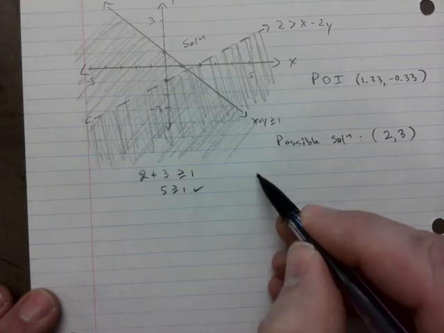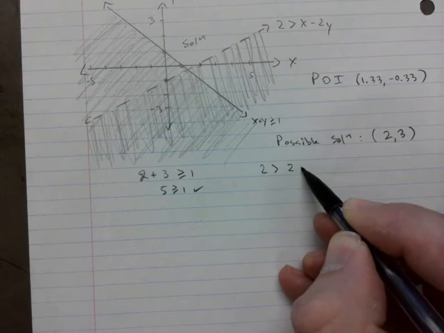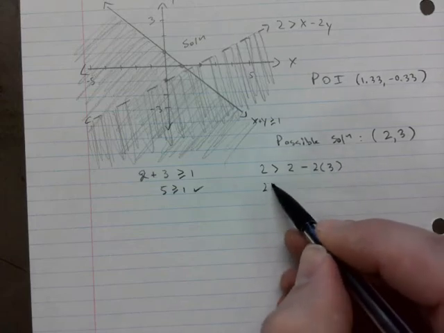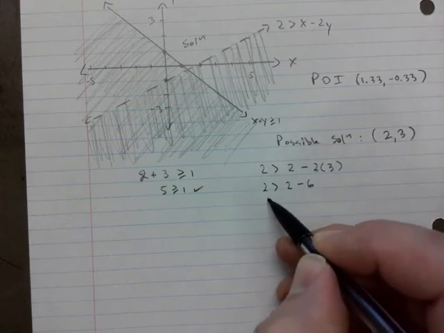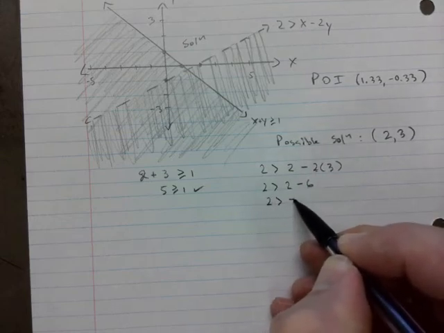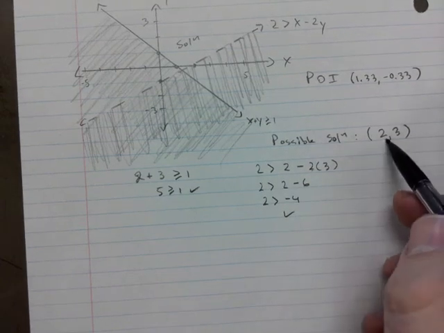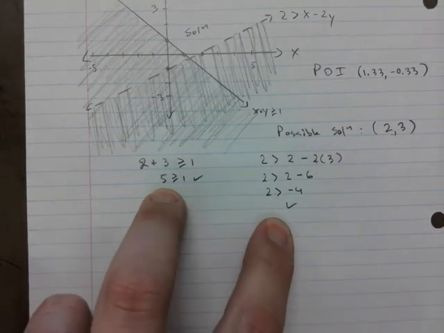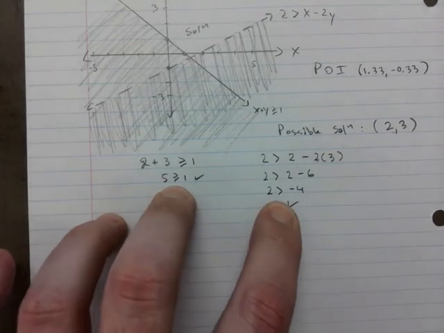That holds water. The other one, it says 2 is greater than x minus 2 times 3. Is 2 greater than 2 minus, this is 6, right? 2 is greater than negative 4, and that is true. So this point that I chose, I checked its validity by plugging into all the inequalities present and making sure that at the end they're both true.